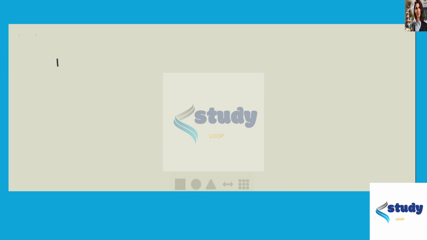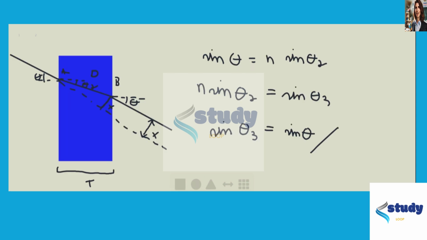So we can find first that d cosine of theta 2 is equal to t. This means that we can write d in terms of t and cosine of theta 2, and we know these things. And the internal angle here is theta minus theta 2.